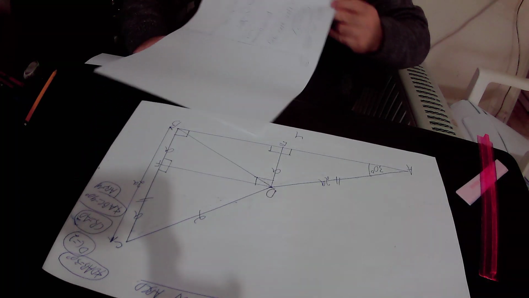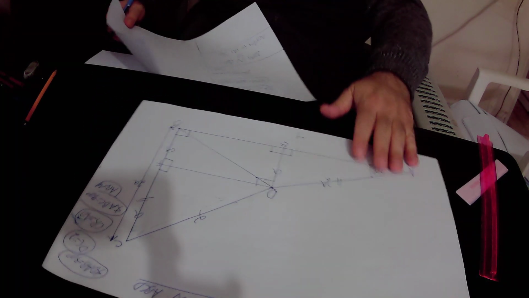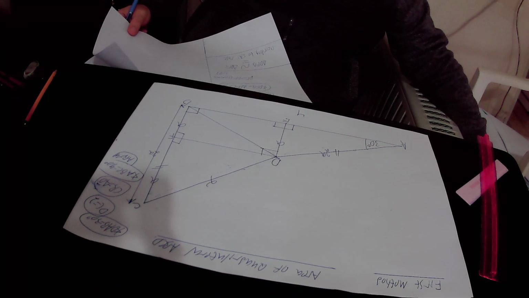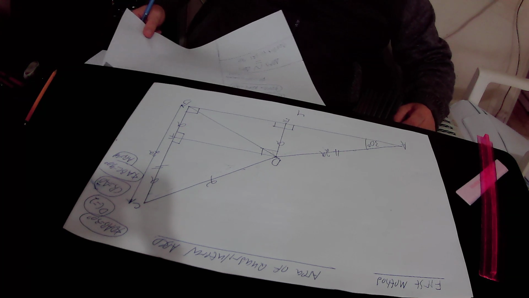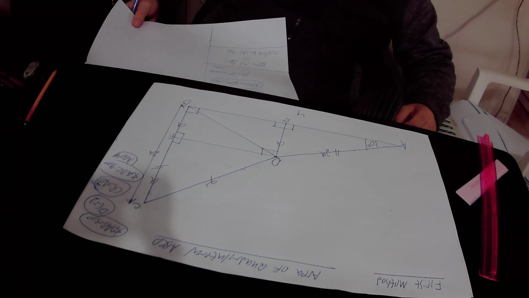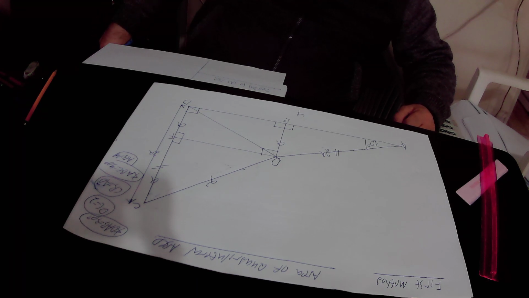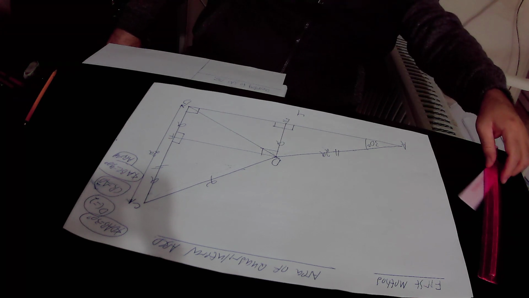So what is the side angle side rule? The side angle side rule is that if you prove that two sides and the angle between them in one triangle are congruent to two sides and the angle between them in another triangle, then you prove that those two triangles are congruent to each other according to the side angle side rule.